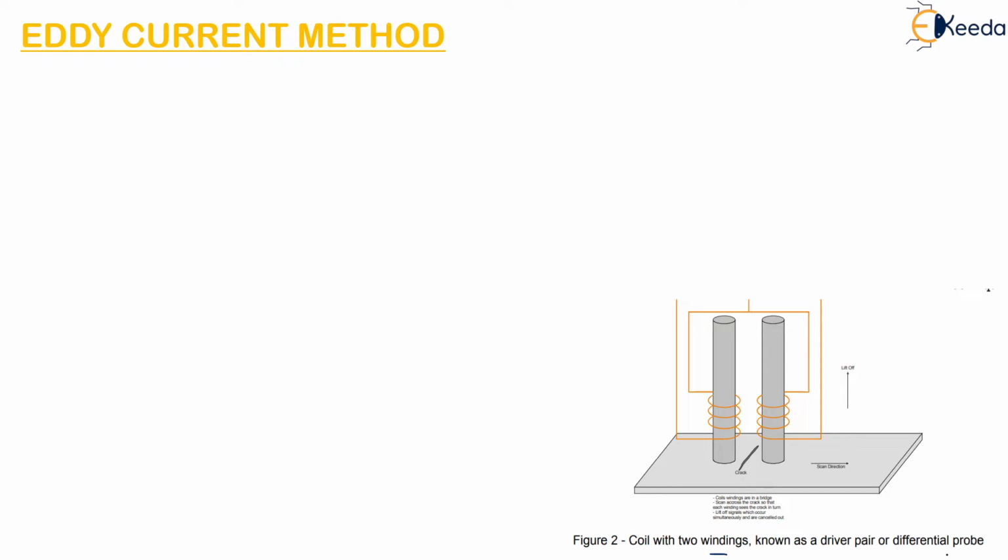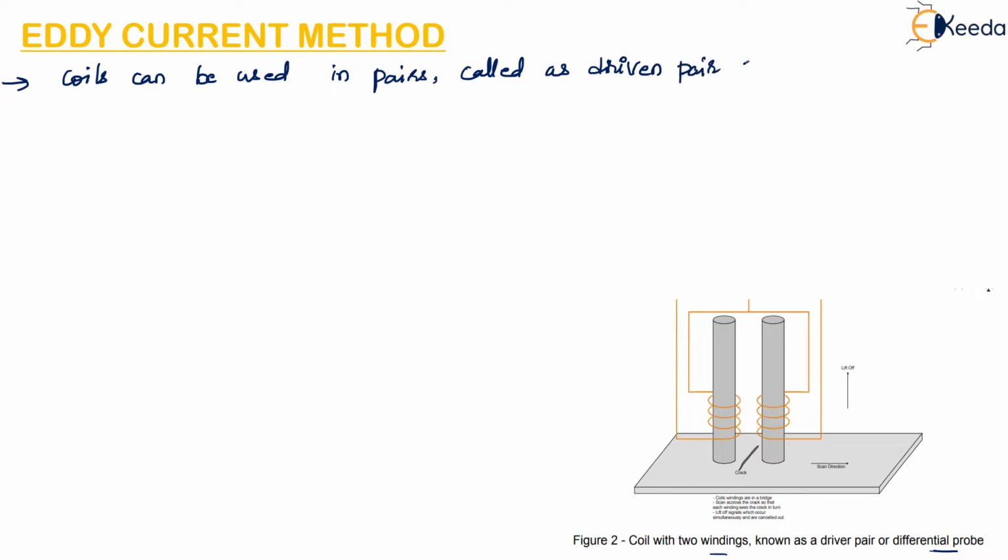or differential probe. So coils can be used in pairs, called a driver pair or differential probe.